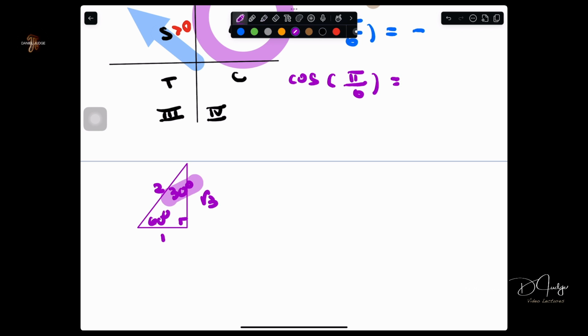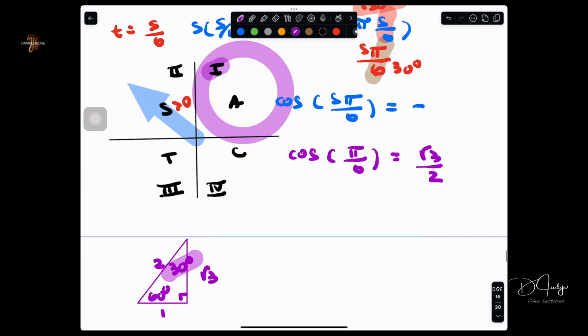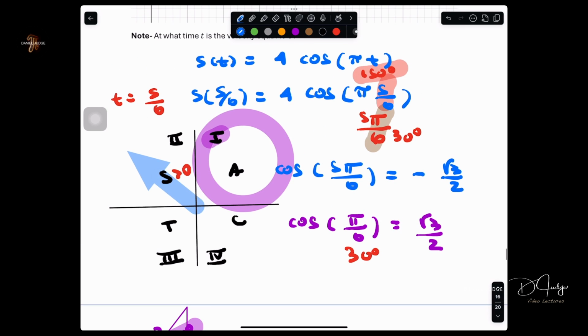The definition of cosine is the adjacent side divided by the hypotenuse. So cosine of 30 degrees, which is represented by pi over 6 in radians, tells us cosine of 150, or 5 pi over 6, is actually negative square root of 3 over 2. So let's use that information now to say you're negative square root of 3 over 2.